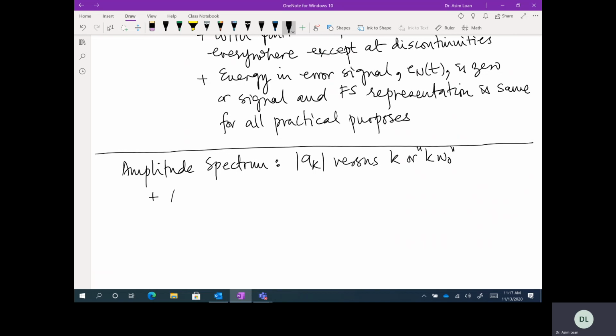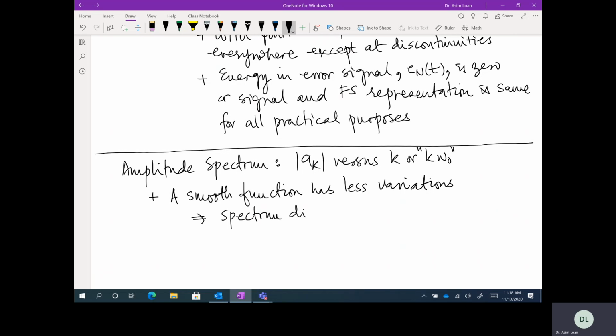A smooth function has fewer variations, which simply means the spectrum dies down rapidly.